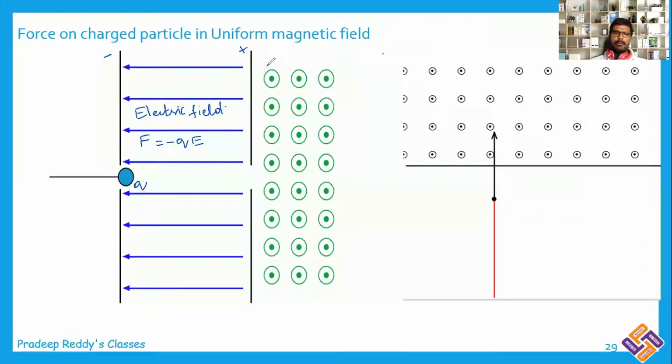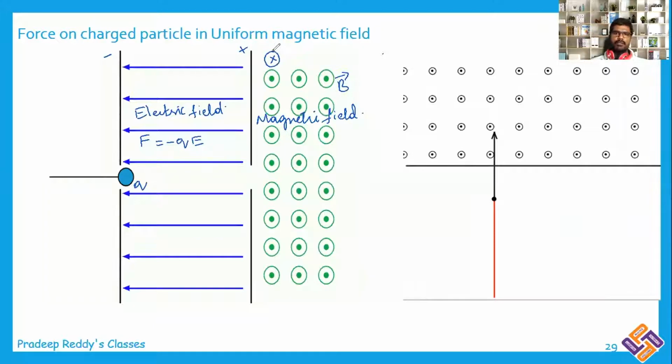Once it enters into magnetic field, this is magnetic field. Magnetic field is denoted with B bar. Magnetic field is out from the plane of the screen. You are able to see that this is out. If the symbol is into, it means that it is inside. But here the symbol is outward.